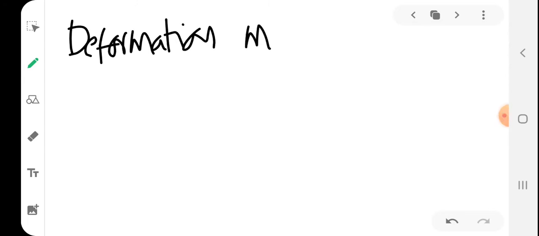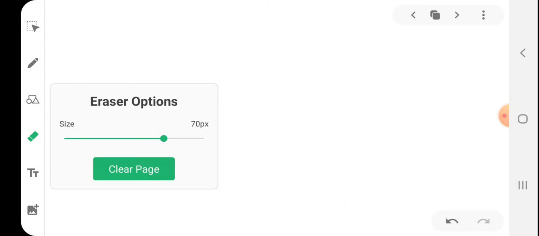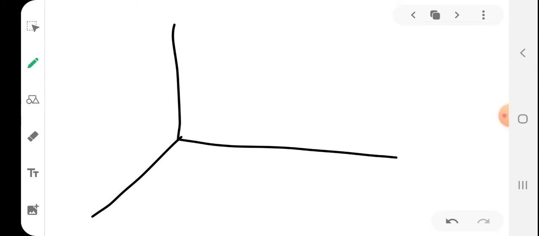I will be moving to deformation. Deformation matrix. I have to teach you the concept of deformation matrix. I'll draw the x, y, z system.